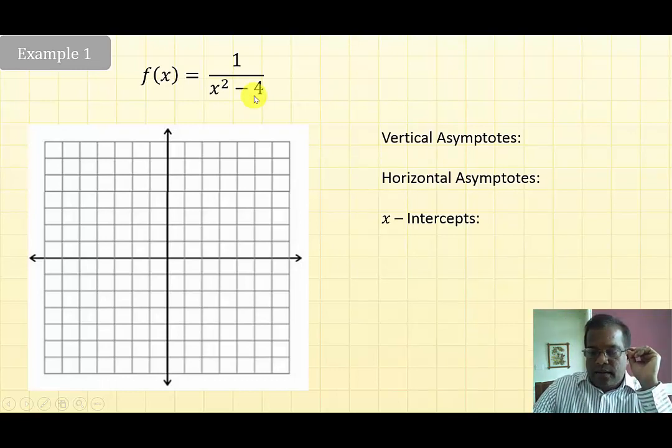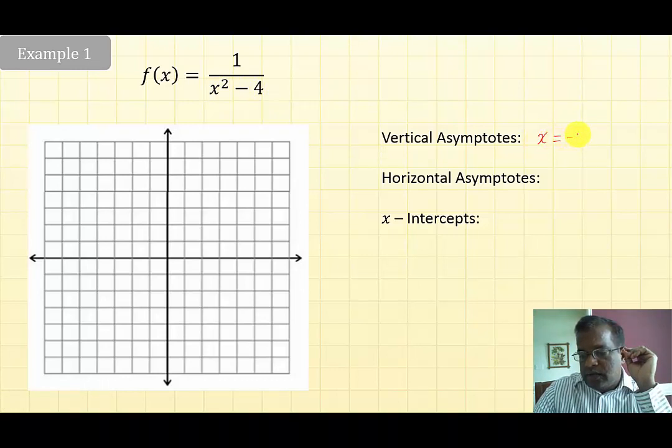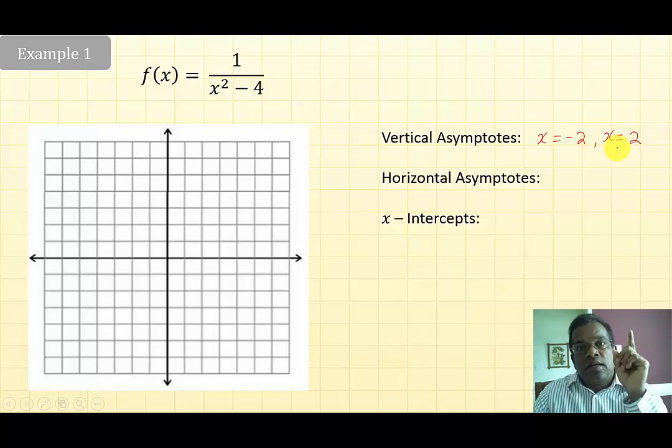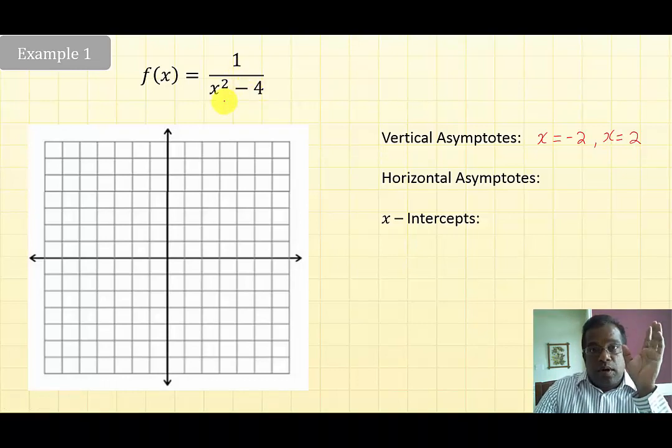Now suppose we want to graph this function, and let's figure out the vertical asymptote. We know that this one has a vertical asymptote at x equals -2 and x equals 2, where those are the two values that don't belong to the domain of that function. The horizontal asymptote, we know this is a proper rational function.